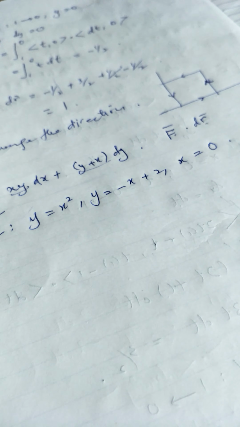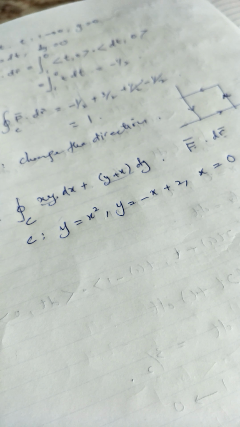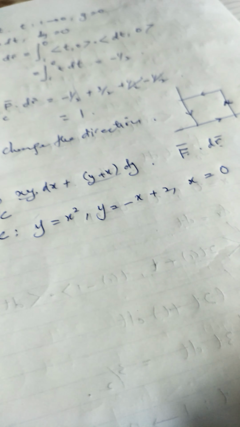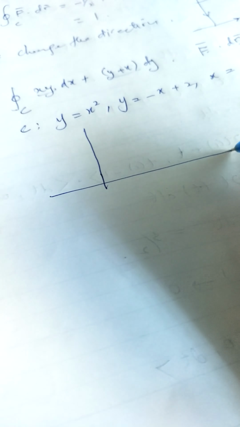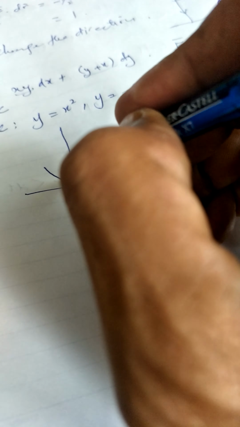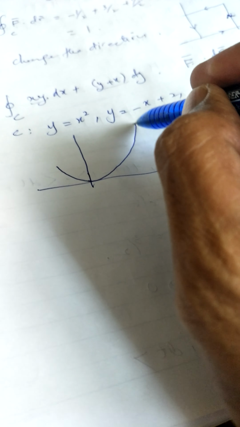Now C is given as y equal to x squared, y equal to negative x plus 2, and x equal to 0. Now, we cannot see the boundary if you just look at it that way. So I suggest plot a little bit or sketch a little bit. For y equal to x squared, you have something like that.